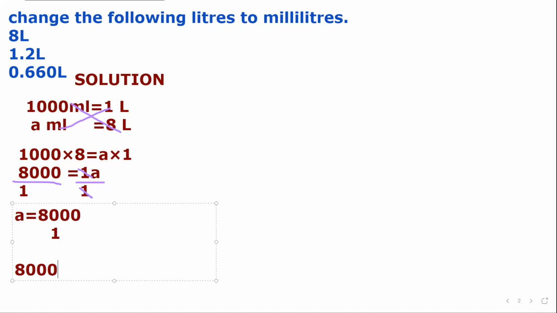Any number divided by 1 is the same as that number, and therefore 8 liters to milliliters is what? 8,000 milliliters.